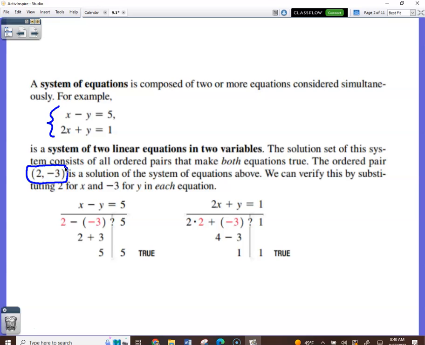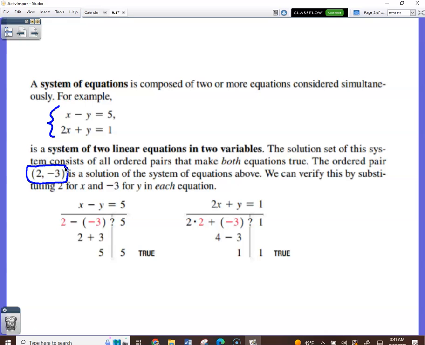What they've done here is they've taken each equation and replaced x with 2 and y with -3, and they've shown you that when you plug it in, you get a true statement, the left equals the right, which means it's a solution. And because you get a true statement on both of them, it is the solution to the system. Does that make sense?